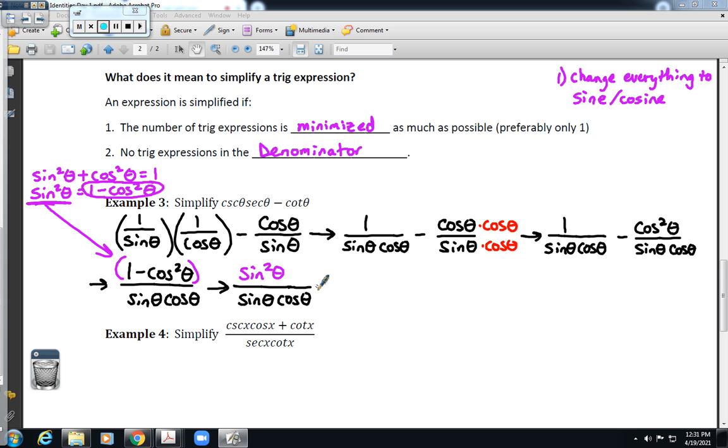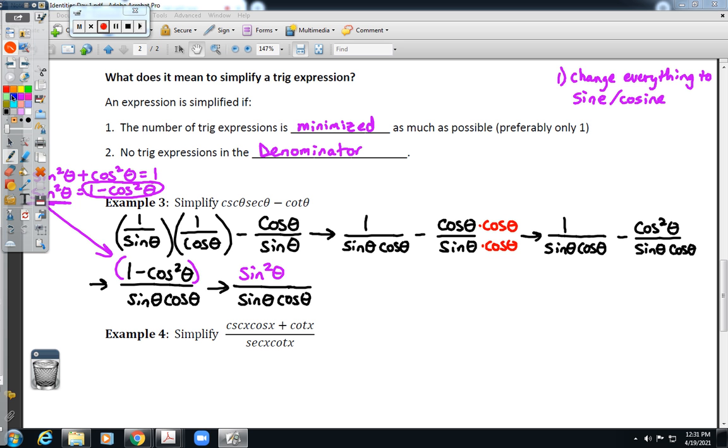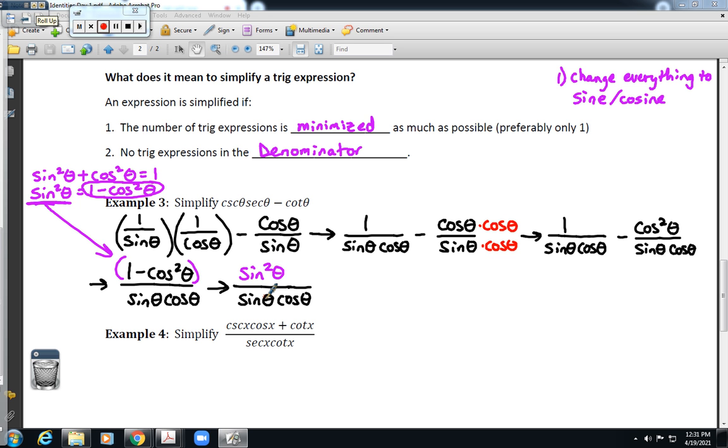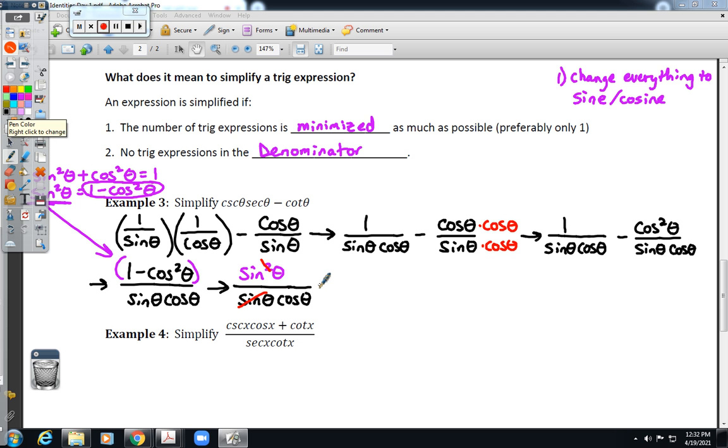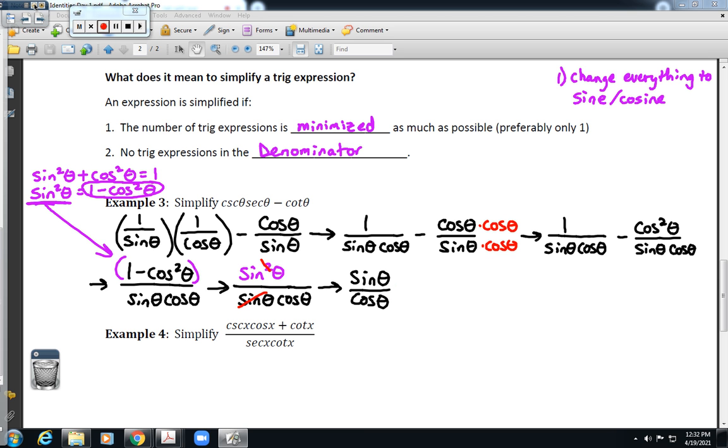The sine on top and the sine on the bottom can be reduced. So we can cancel sine from the denominator with one of the two sines in the numerator, which eliminates the squared, and turns this expression into sine over cosine, which if they had told us to only use sine and cosine, this would be where we would stop.